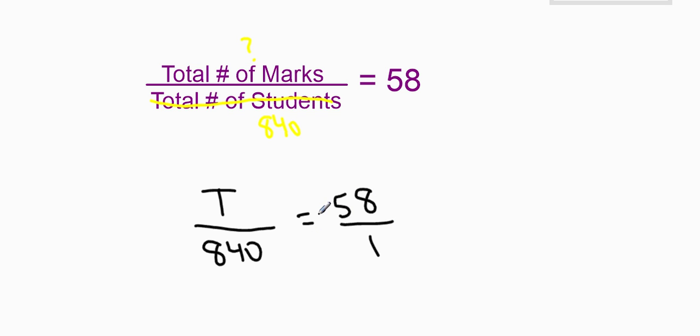If we do a little fancy cross multiplication, we find that T is 48,720. So if you took every single mark given to every kid involved in this math competition, there would be a total of 48,720 marks given out to the 840 students, and that means that there was an average of 58.